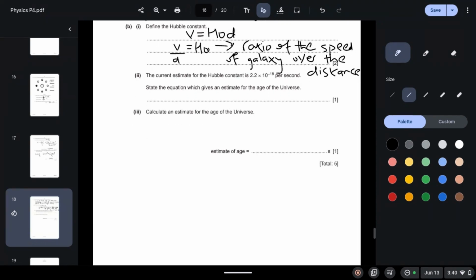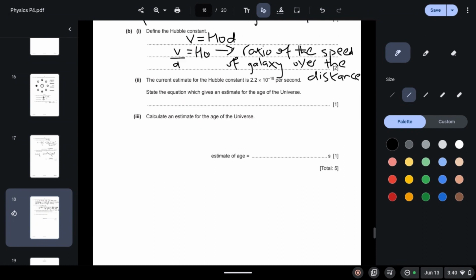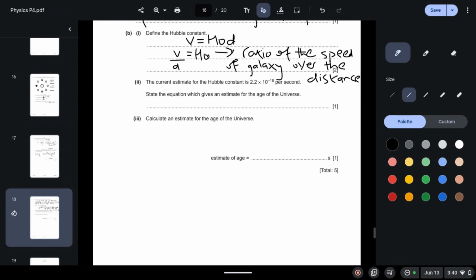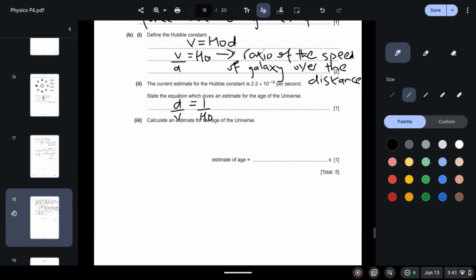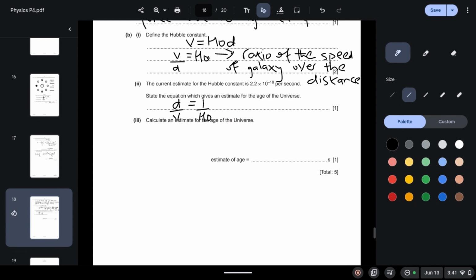State the equation which gives an estimate for the age of the universe. So D over V is equal to 1 over H naught. We know that D over V is basically time.